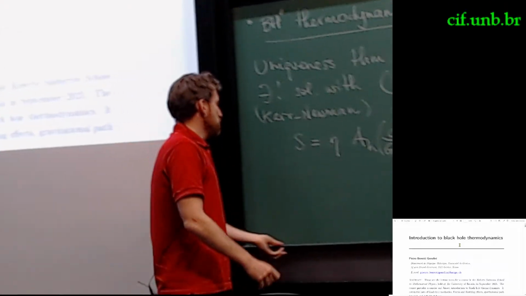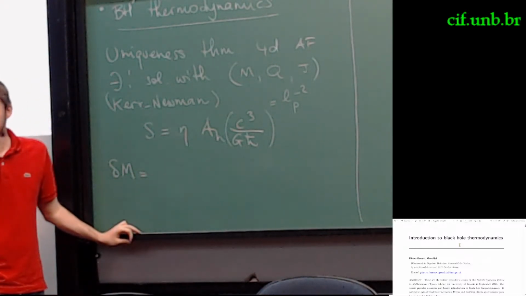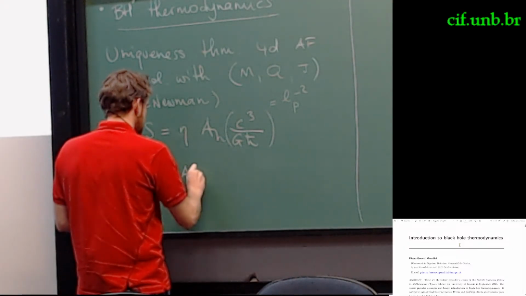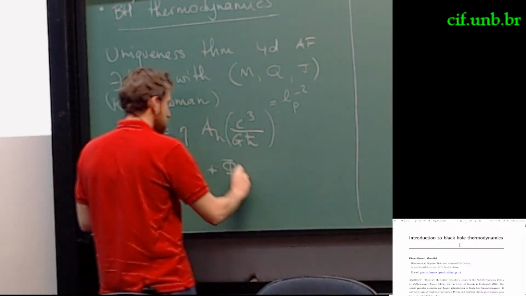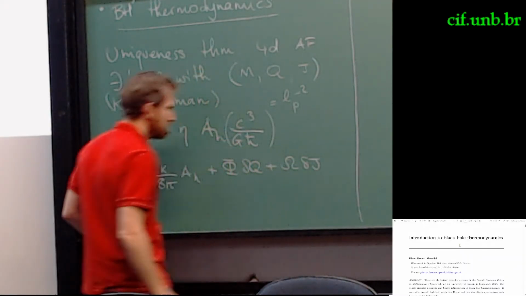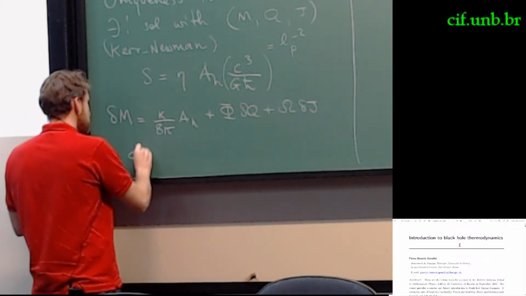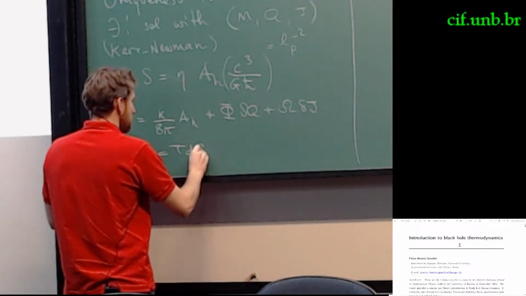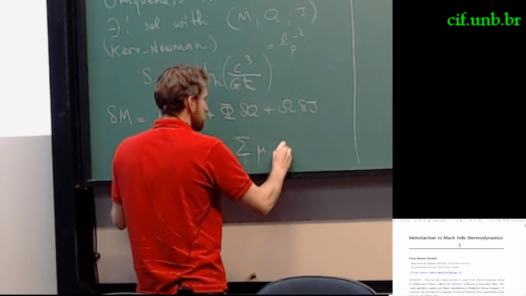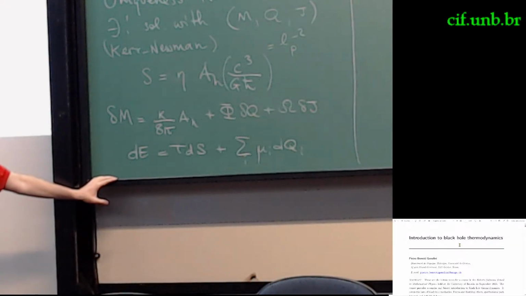In particular, you'll remember from yesterday that one of the laws of black hole mechanics, the first one, said that in GR, this is true, with Omega dJ. So this is really like the first law of thermodynamics for a system with energy E plus the sum of all the chemical potentials times the variation of the conserved charge that is conjugate to the term.